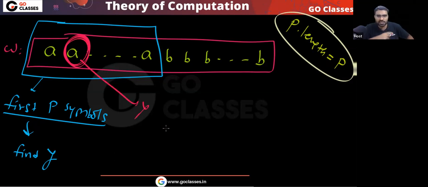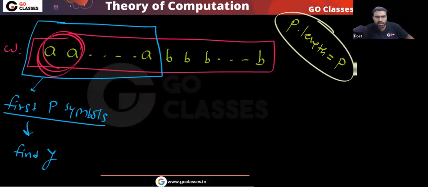If I take this as y and repeat it 0 times, in the resulting string, how many a's will be there? The number of a's in the resulting string will be less than P, so I can say the number of a's will be less than the number of b's. Yes or no?